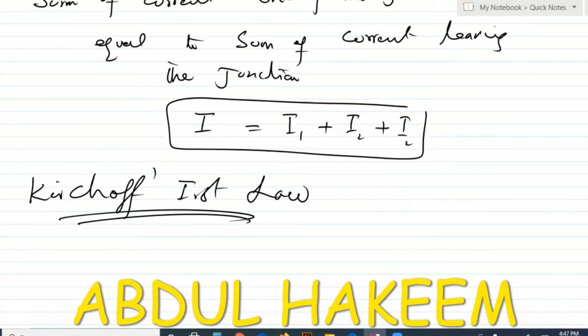So the Kirchhoff first law is sum of the currents entering the junction is equal to sum of the currents leaving the junction.